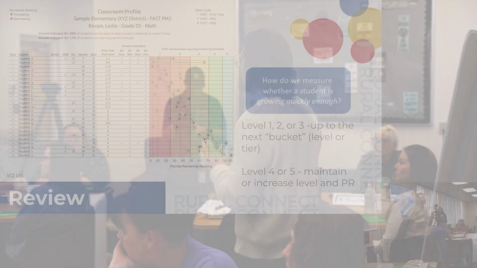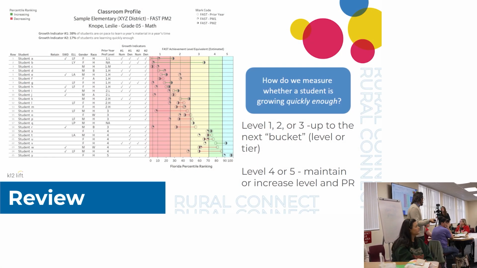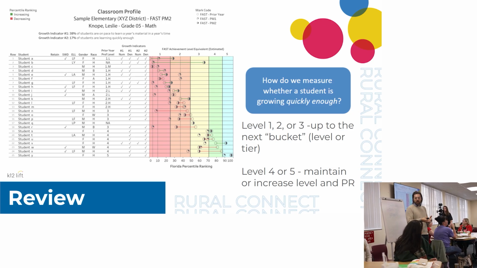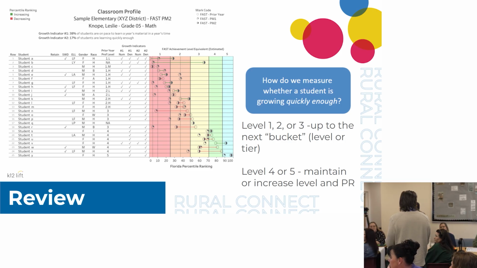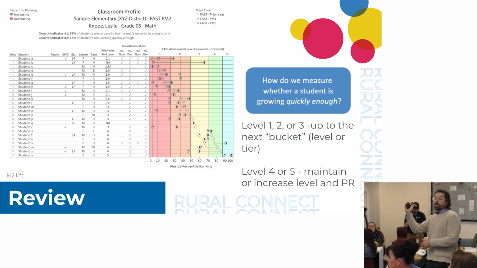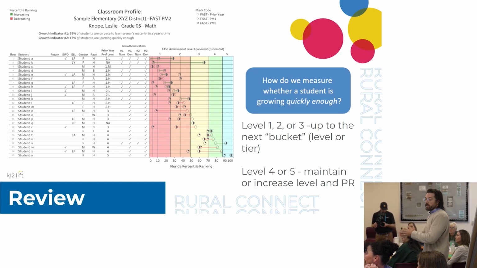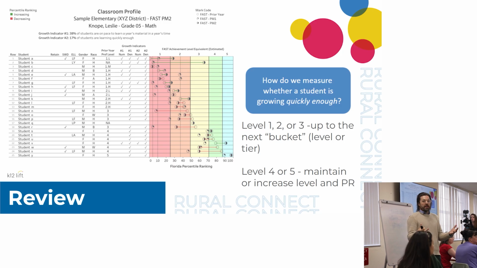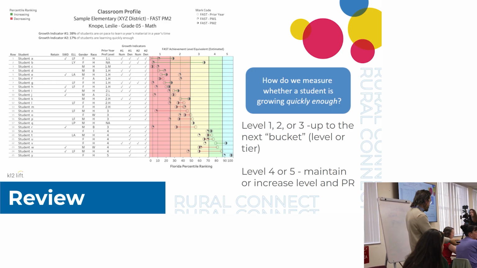And so just a quick reminder on that. Level 1, 2, and 3 needs to move up a bucket. So I like to think of this as actually a little more rigorous than the way the state calculates gains. 3s don't have to become 4s to meet learning gains with the state. Here, we're looking at 3s needing to move up that bucket as well. When you look at how the state defines levels, 3 is defined as ready for the next grade level, but they're going to need support.